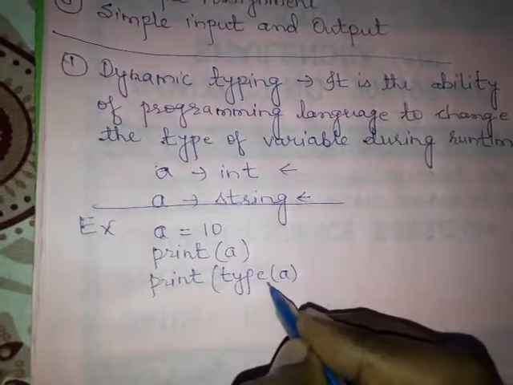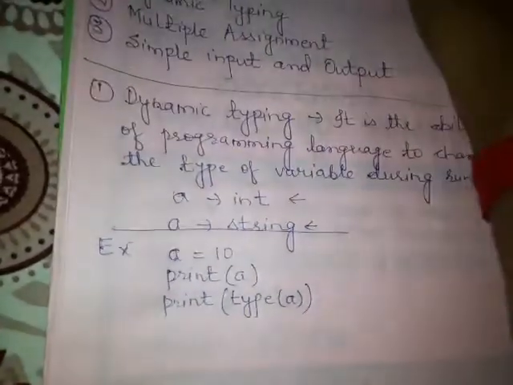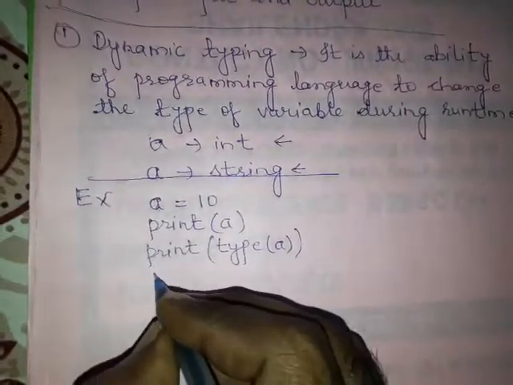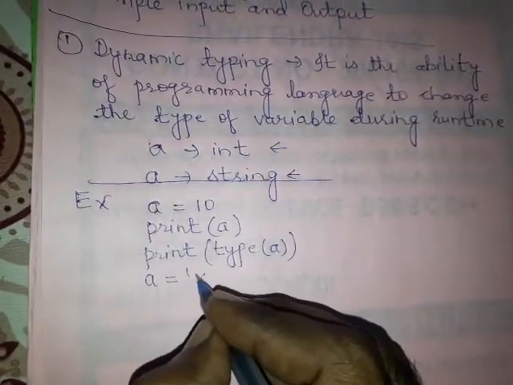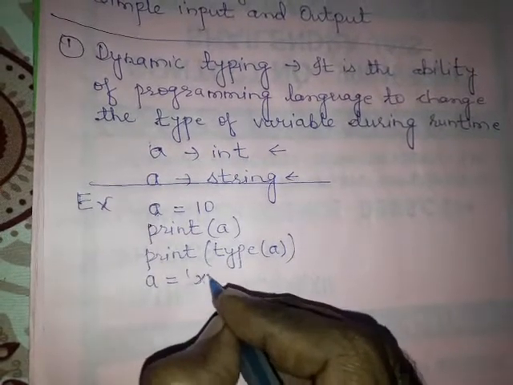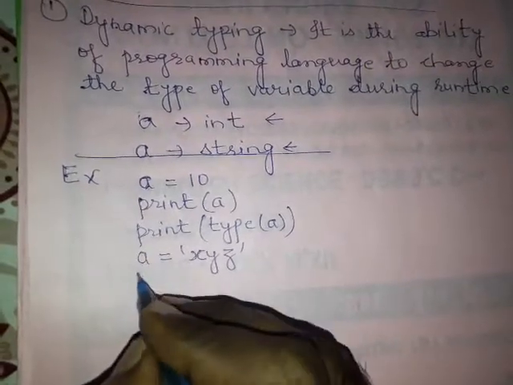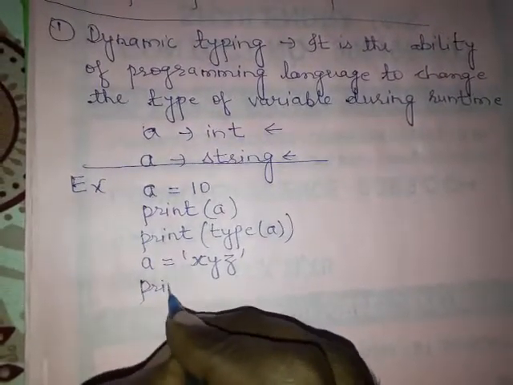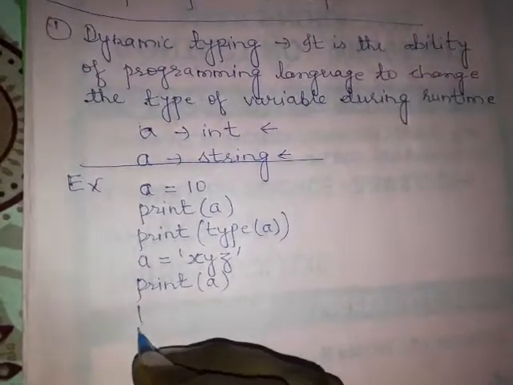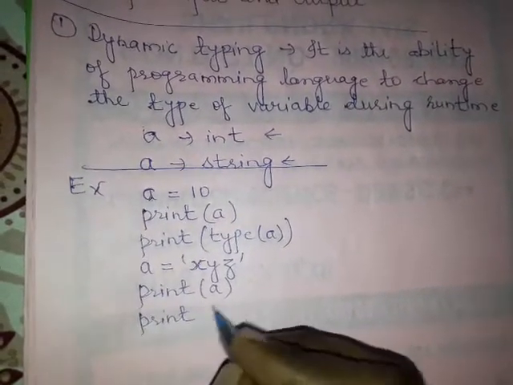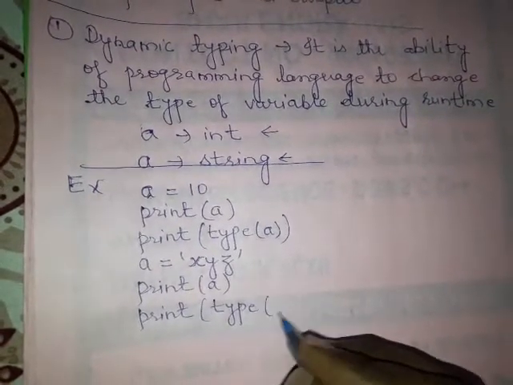It will display the type of variable a. Now again I am assigning a different type of value. Suppose I am giving the value 'xyz' in single quotation marks. Then again I am printing the value of a. Simply write print a, then print type a.